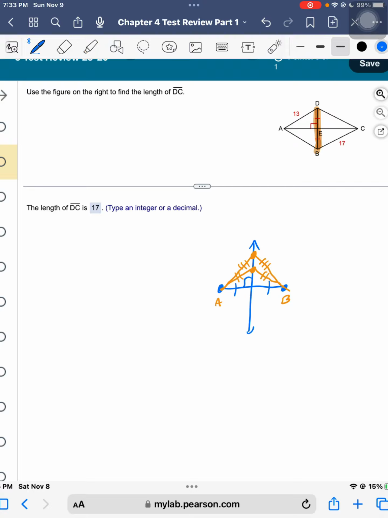So a point on the perpendicular bisector, D and B, is going to be equidistant to A, and it's also going to be equidistant to C. So this length and this length are the same, this length and this length are the same. So if BC is 17, that means DC must also be 17 as well.